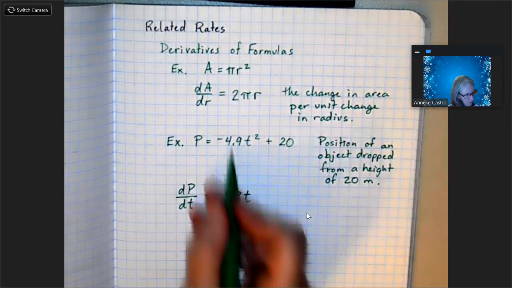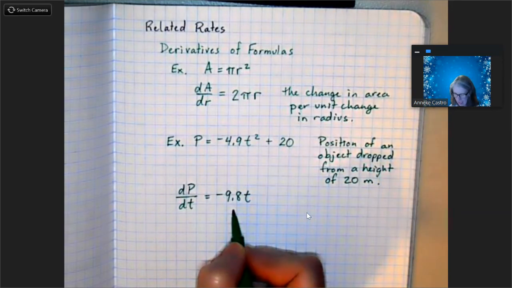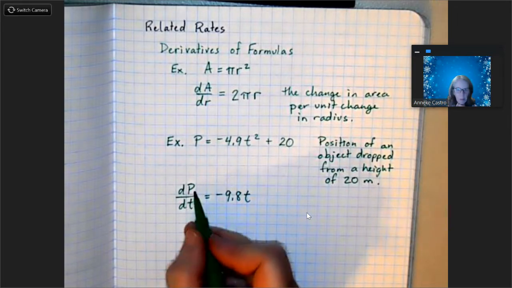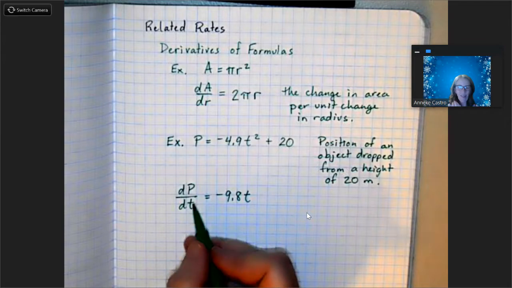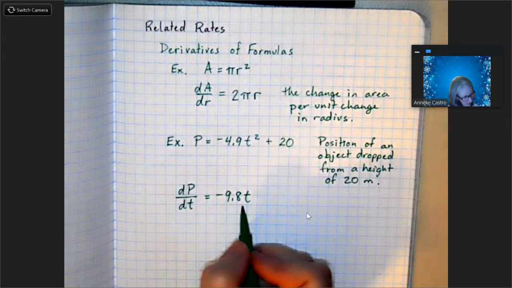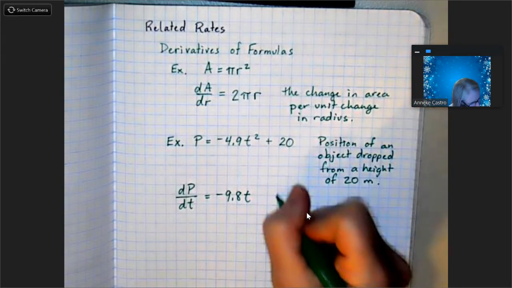So there is my derivative of my position. So what is the meaning of this? It's the change in position over time. Change in position, well, that's like distance, how far it's gone. How far has it gone over time? So this is just speed. This ends up being the speed of the object, such as meters per second.